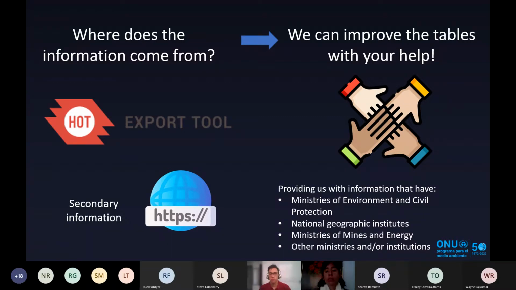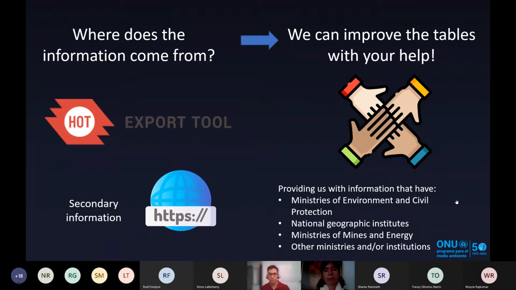And also the Ministries of Mines and Energy, where we can have information about the location of mines, the different kinds of mines, and the substances that they are extracting or using. The byproducts are also important to take into account. And other ministries and institutions that maybe you have in your own country that can provide this useful information.